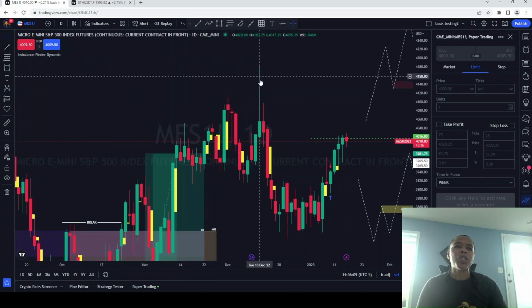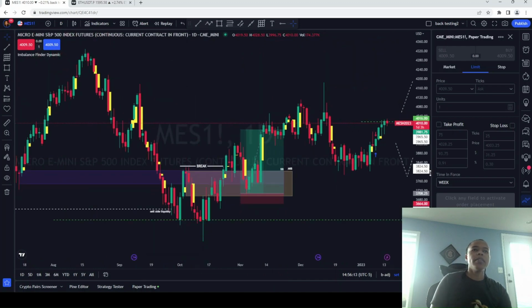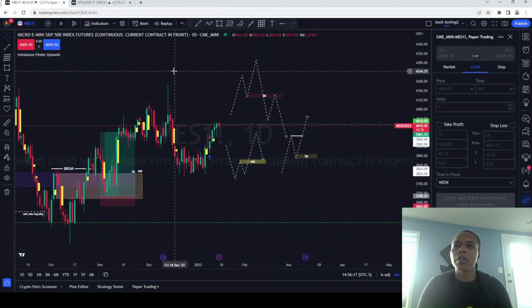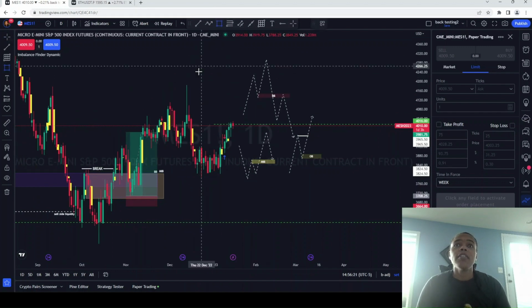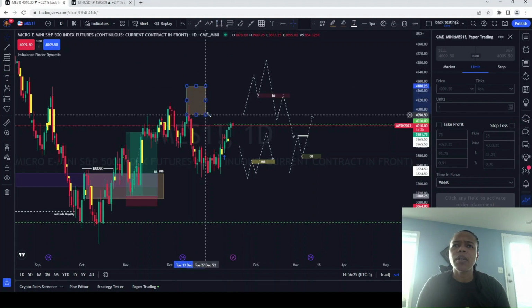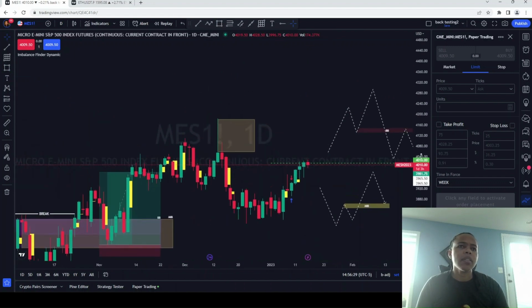Ooh, rejection block right here. Beautiful. Let's look at that one. So I'm just learning about the rejection block today, so bear with me as I fumble through. Basically from the wick down, we're just working with the wick on these.